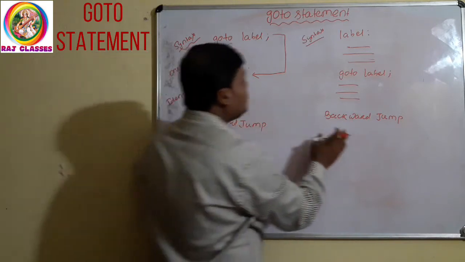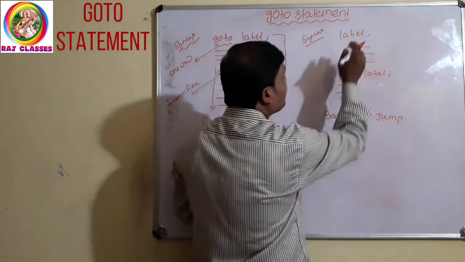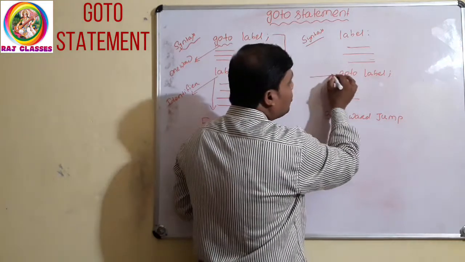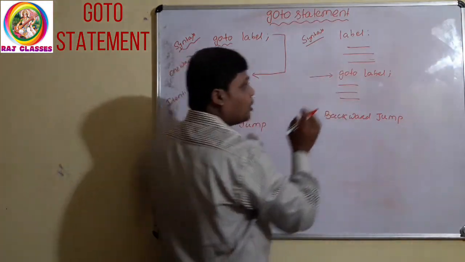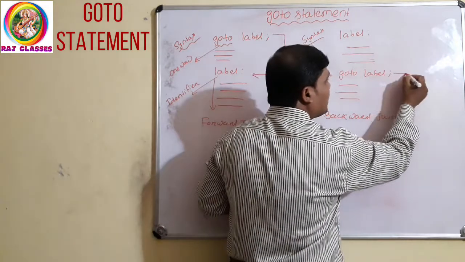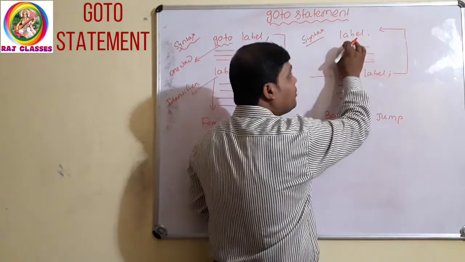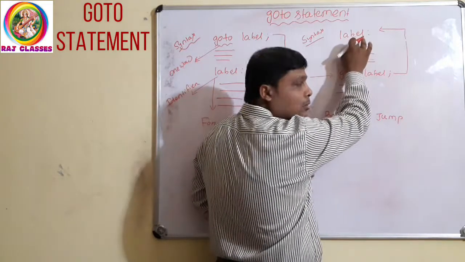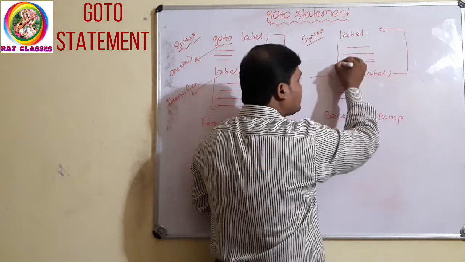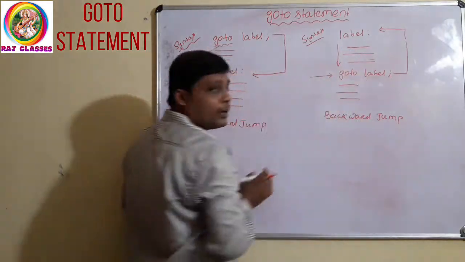Clear? Here in this syntax you just see, when this goto label statement executes, control will transfer from this place to here, because here the matching label is found. And from this statement onwards, it will execute all the statements.